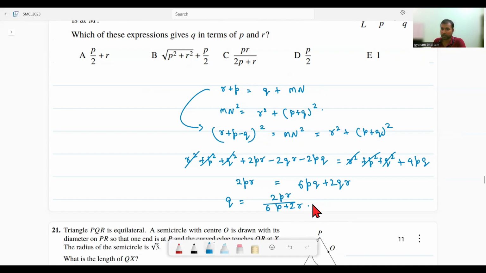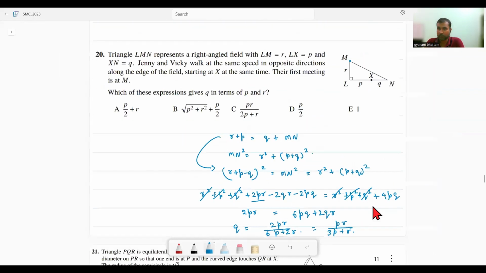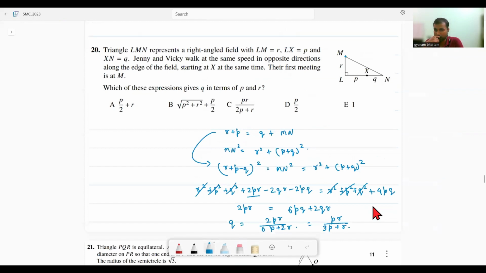And if you divide it, I think there is one term I missed. This is going to give 4, 6PQ plus 2QR. So it's going to give PR by 3P plus R. Okay, so this is the mistake.